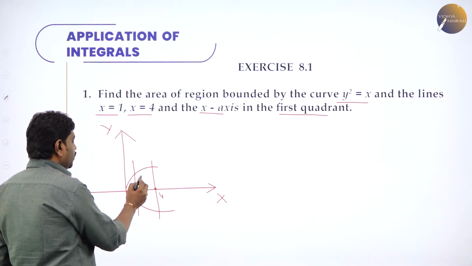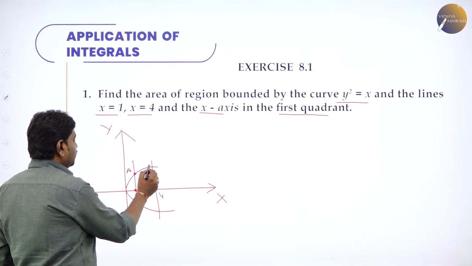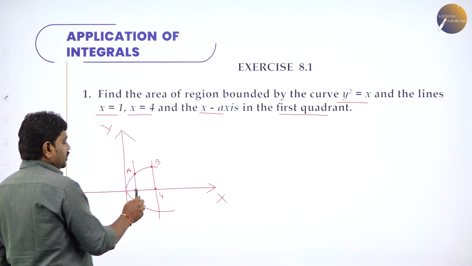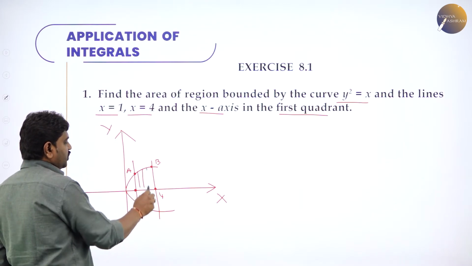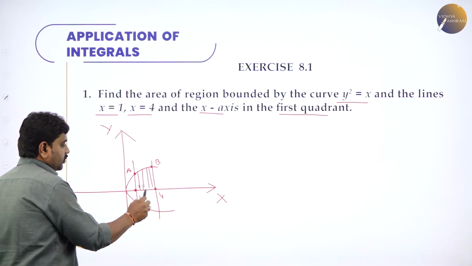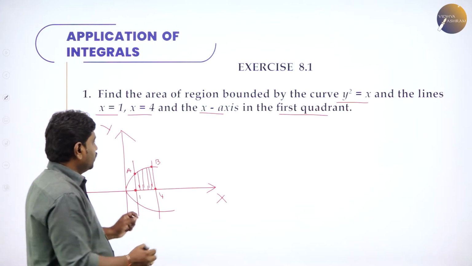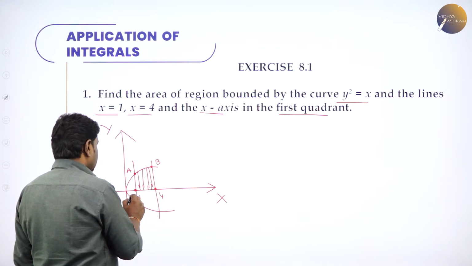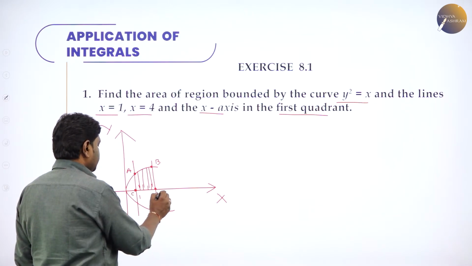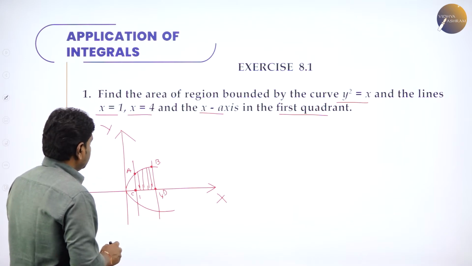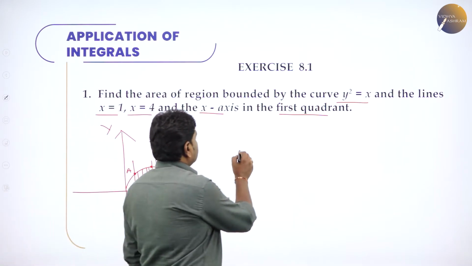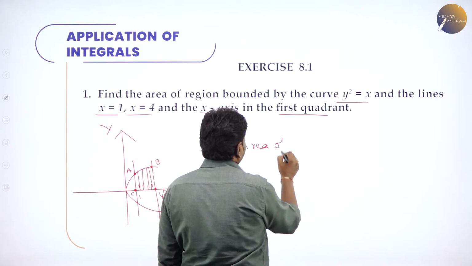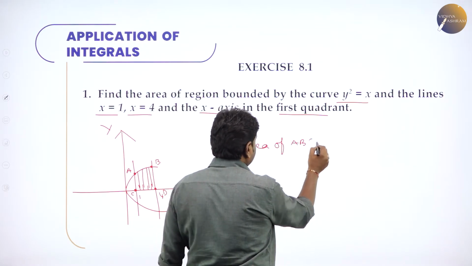Now they want the area bounded by this curve and x-axis between these lines, means they want this area only in first quadrant. This part they want, if you see the diagram. So if I name this as A, B, C, D, now they want the area of A, B, C, D in the diagram.